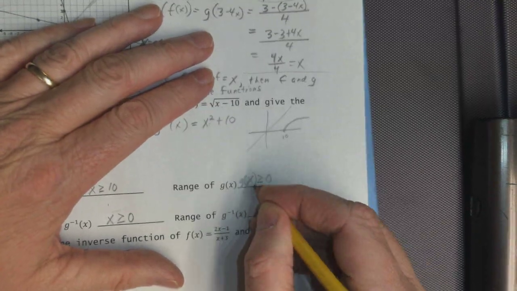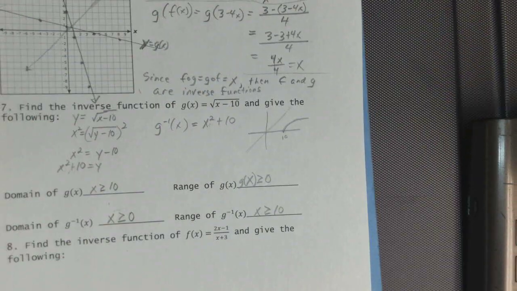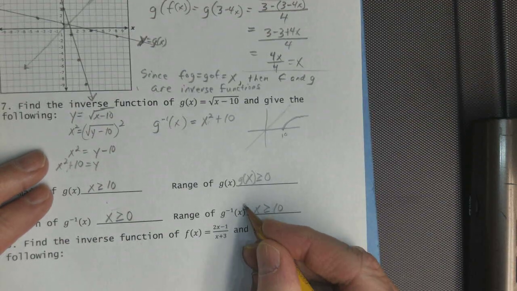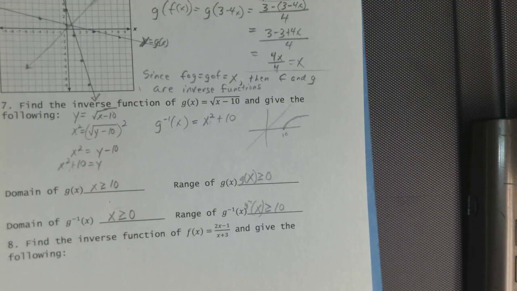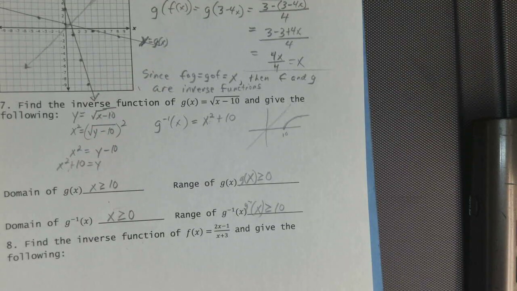Now let's get proper. G of x is greater than or equal to 0. The inverse of g of x for range, we got to do that.